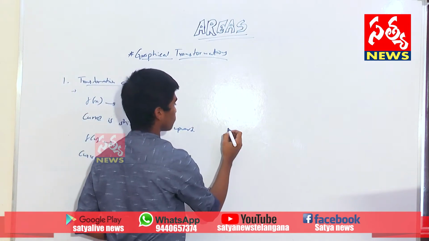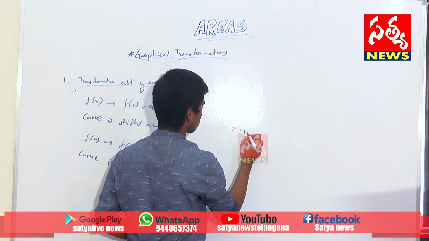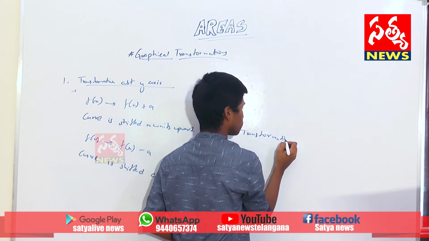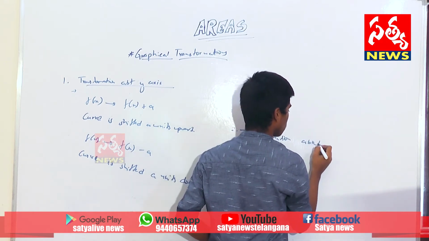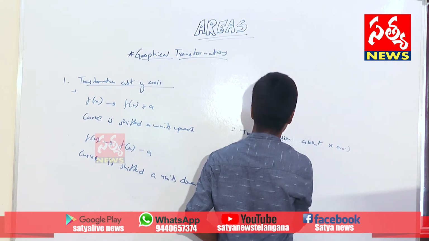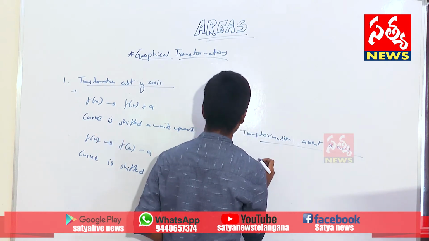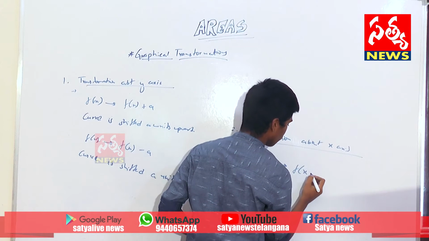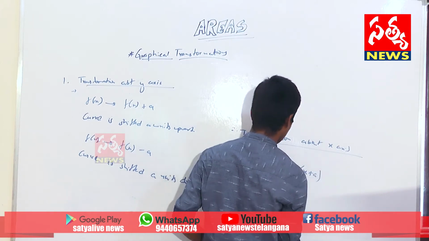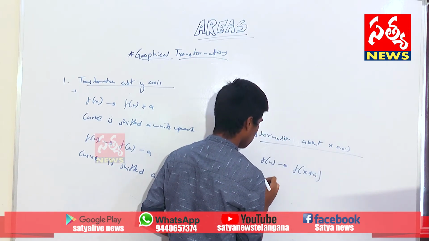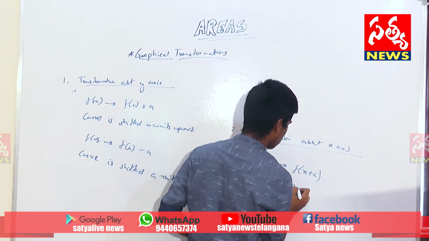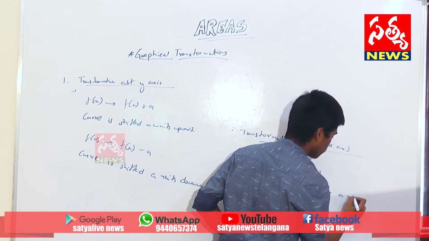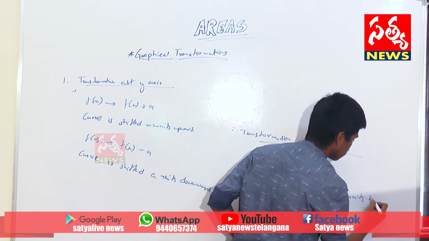Next, second one, transformation about x-axis. If f of x is made to f of x plus a, then the curve is shifted a units backward.